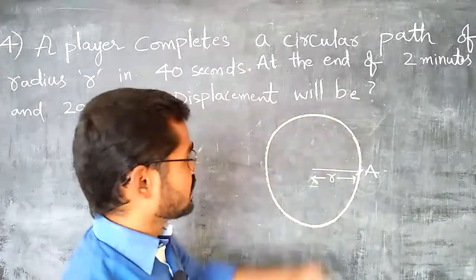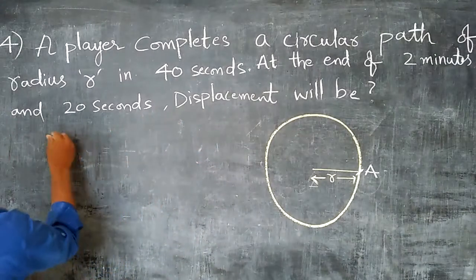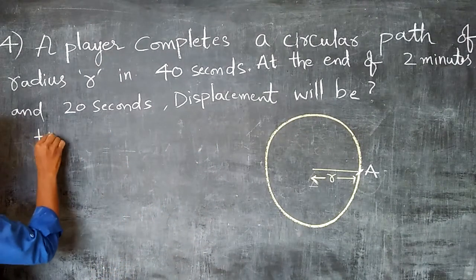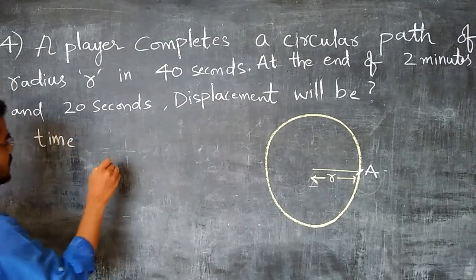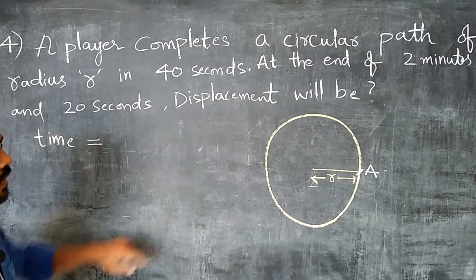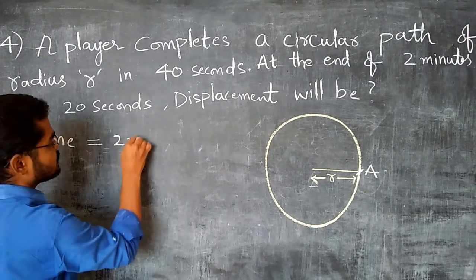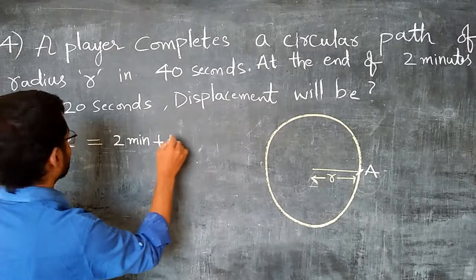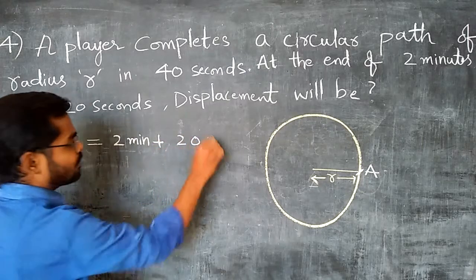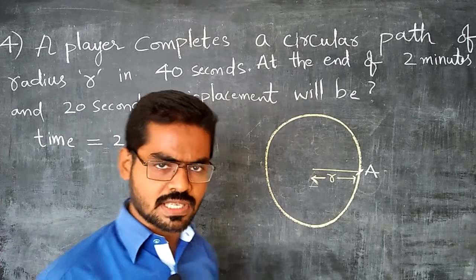For this type of problem, you need to do it this way. First you take the total time of the journey, that is, the total time the player is running on that circular track, which is 2 minutes plus 20 seconds. 1 minute is equal to 60 seconds.